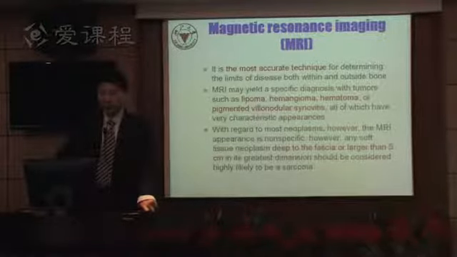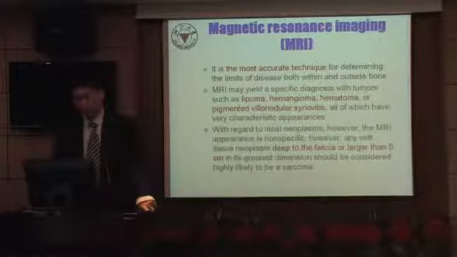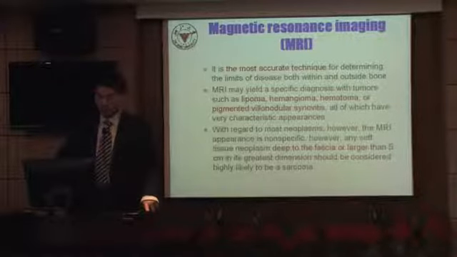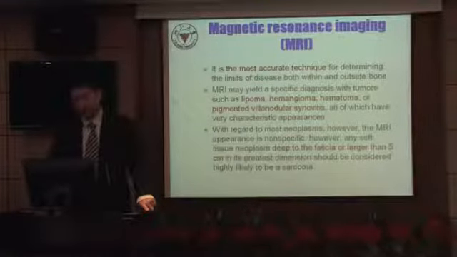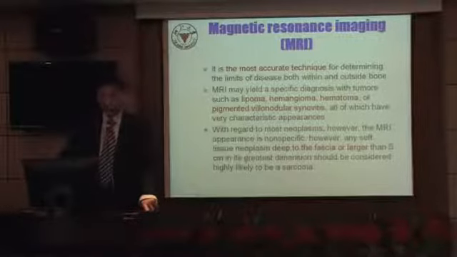With regard to most neoplasms, however, the MRI appearance is non-specific. However, a soft tissue neoplasm deep to the fascia and larger than 5 centimeters is considered highly likely to be a sarcoma.